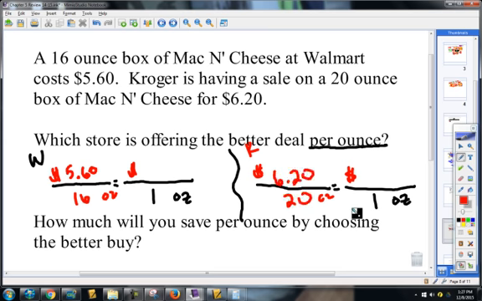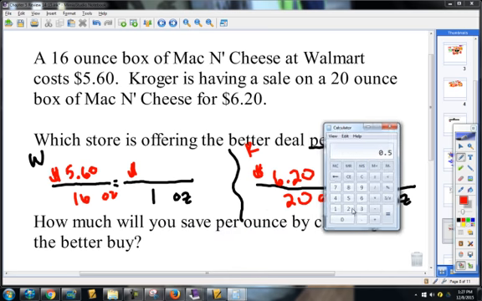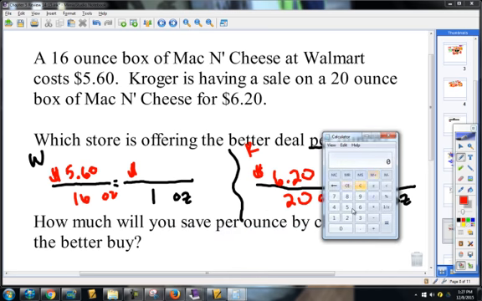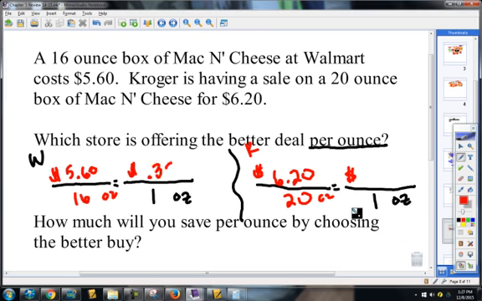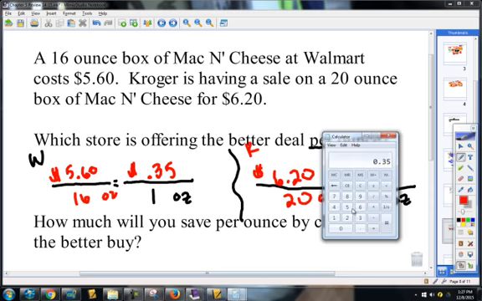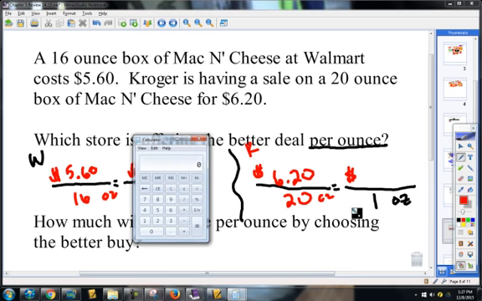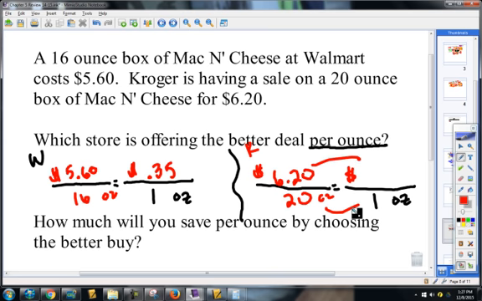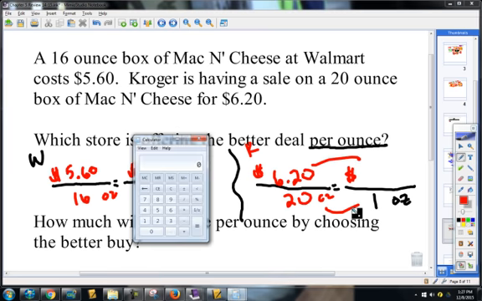I know that Kroger is offering it for $6.20, but you're getting a little more. Okay, so you got to find the unit rate here, so you could cross multiply and divide, or just know that you're dividing by 16 on both top and bottom. So $5.60 divided by 16 is going to give me 35 cents per ounce. Over here, I know that I'm dividing by 20, so it's going to be 6.20 divided by 20.